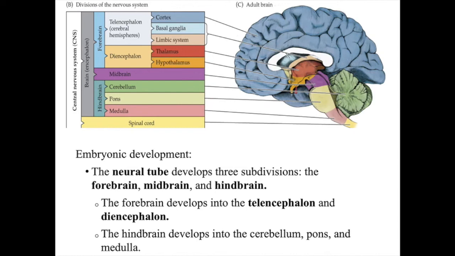The brain is called the encephalon. Embryologically, there are three portions of the encephalon: the forebrain, the midbrain, and the hindbrain. And that's pretty much where we could end as far as this embryological classification.